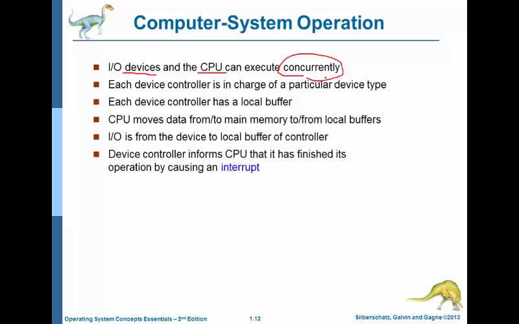Okay. Each device controller is in charge of a particular device type. So if you have a printer, then there is a printer controller. Each device controller has a local buffer. For example, with your keyboard, as you keep typing, there is a buffer, like a queue, already implemented.